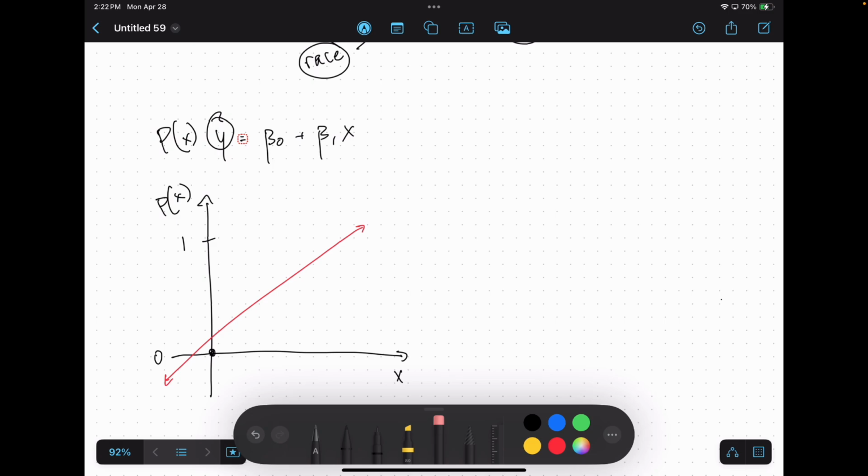Yeah. So probabilities have to be bounded between 0 and 1. And so by thinking about this in a probability space, I've actually solved one issue, which is that my outcome can now exist on a continuous scale, but I have a problem, which is that it extends past 0 and it extends past 1. So we have to have some way of dealing with this.